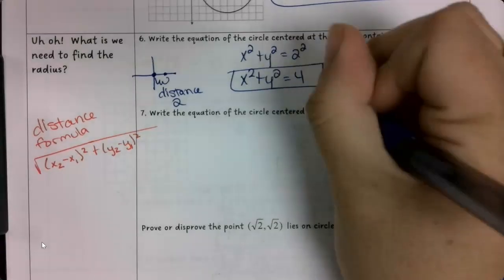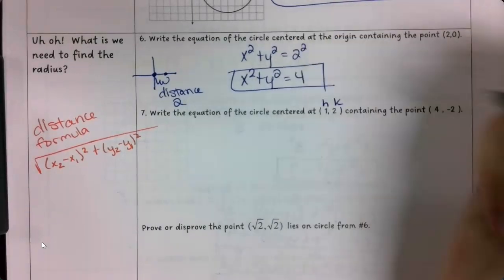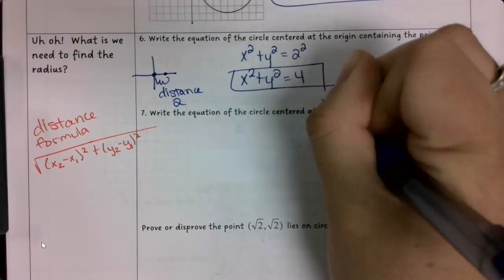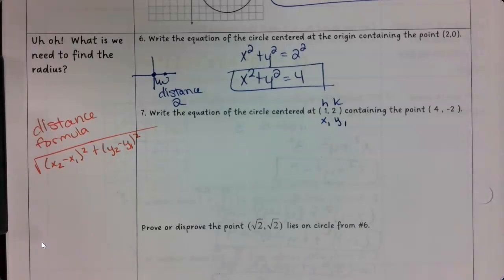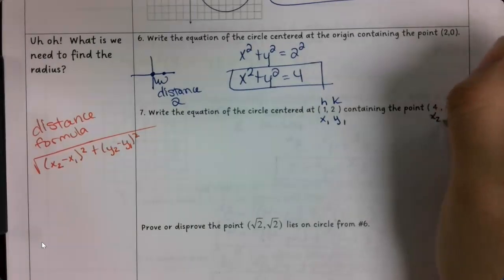Okay, so I'm going to label the center (h, k), and I'm also going to label it (x sub 1, y sub 1). And then my point is going to be (x sub 2, y sub 2).